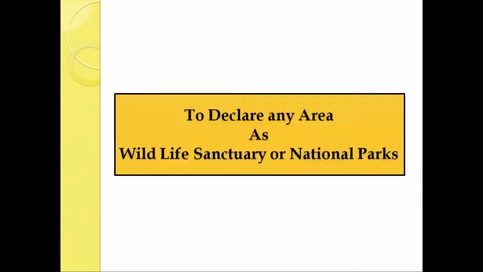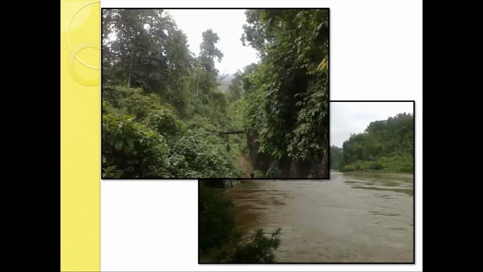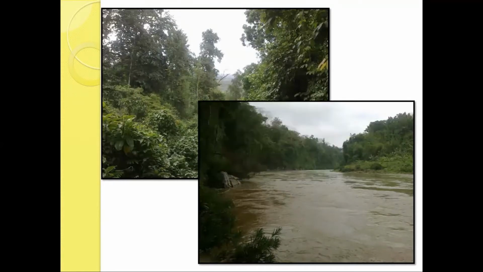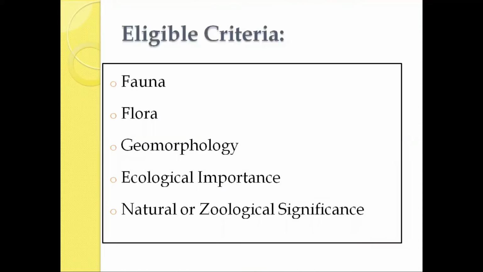To declare any area within the state, be it land area or territorial water, as a wildlife sanctuary or a national park, such area should fulfill the following criteria. That is, the area should have rich biodiversity of flora and fauna.